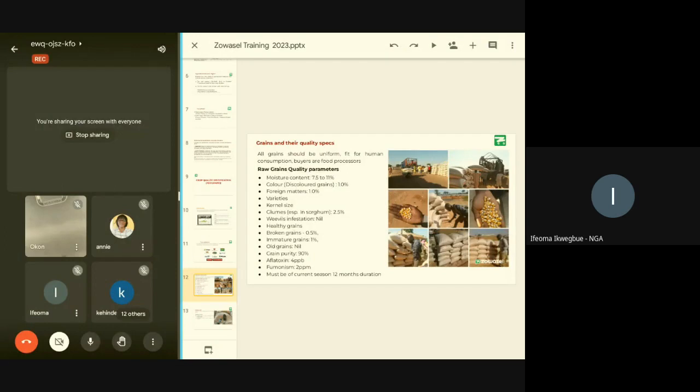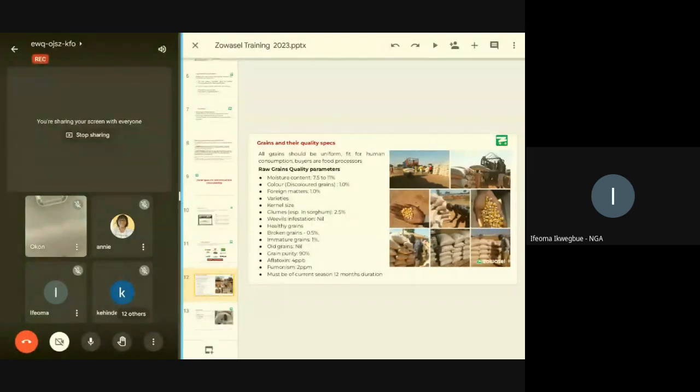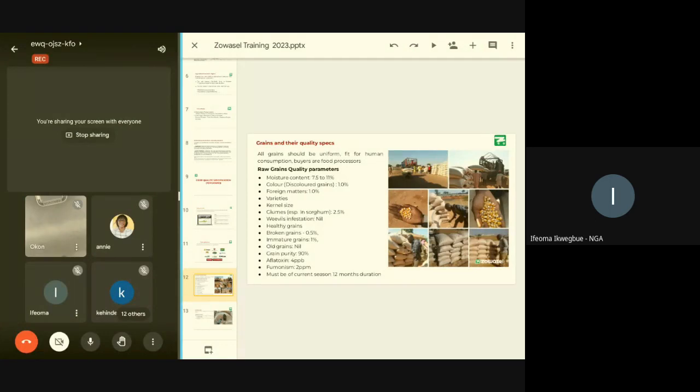Then weevils: the majority of buyers need dry grains to be supplied that are absent of weevil infestation. The activities of weevils cause quick deterioration of the grains, and reduce the quality, leaving perforations on grains. These are qualities that buyers actually frown at.